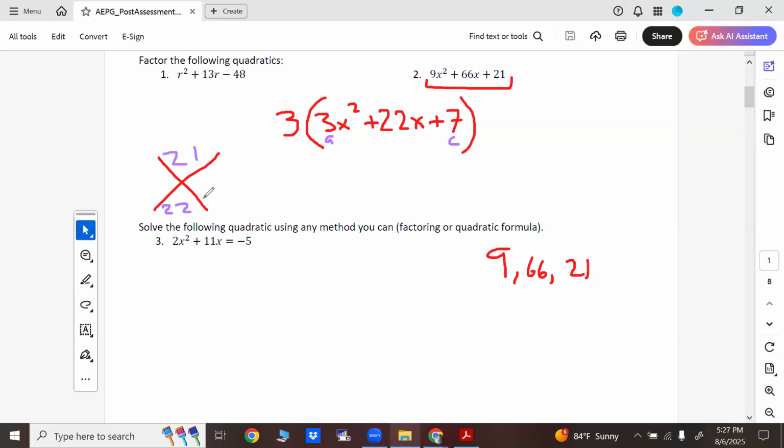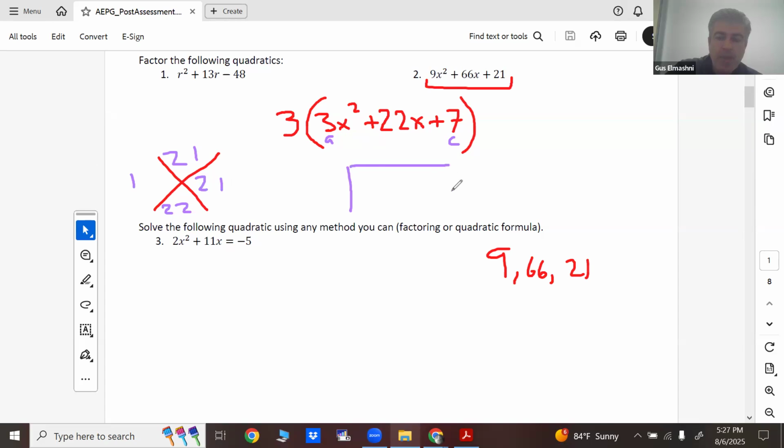Should be pretty straightforward. Oh, 21 and 1. Right. But because the leading term is 3, you have to look at what happens after we factor things out.